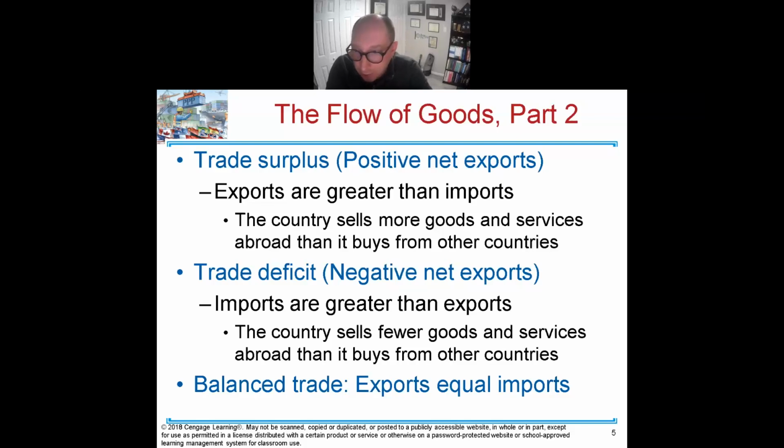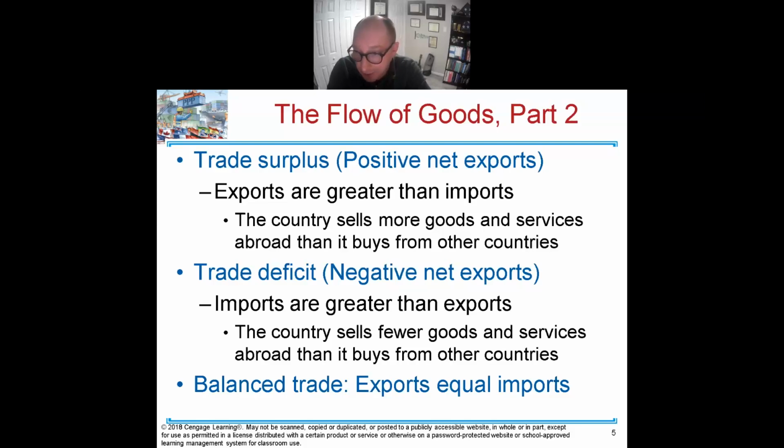Sometimes a country is really good at making something, and every other country on the planet wants some of that. And when that happens, that one country that's really good at making something will typically have what's called a trade surplus. Like for example, the United States is really good at growing wheat.